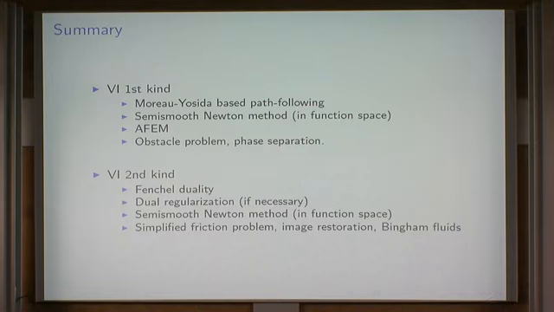But still, it turns out you can use a fixed point iteration plus Moreau-Yoshida-based path following in order to solve also quasi-variational inequalities. And we did so, for instance, for the p-Laplacian involving gradient constraints. This was for the elliptic case, for the parabolic case, and we now also look at hyperbolic problems, but this is very fresh work.